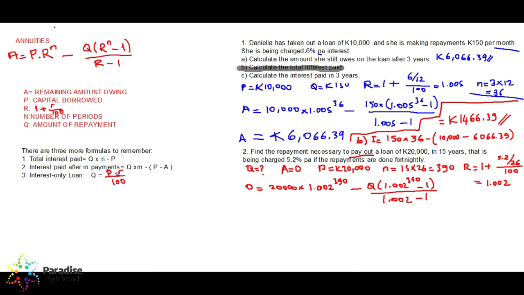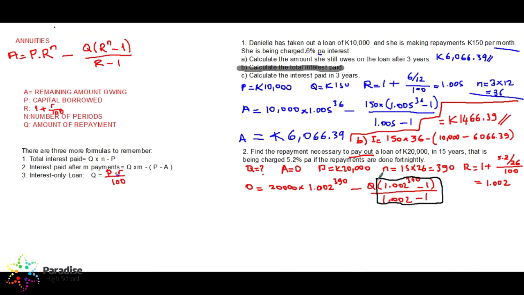But before we do that, what am I going to do here? I will calculate the value of the coefficient of Q. So let's calculate that. We put them in brackets: 1.002 to the power of 390 minus 1, close the bracket, divided by, again open the bracket, 1.002 minus 1, close the bracket.